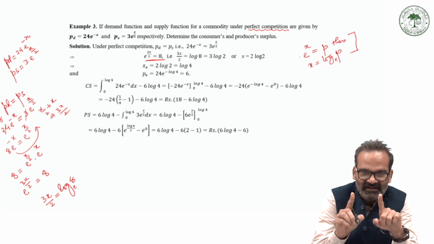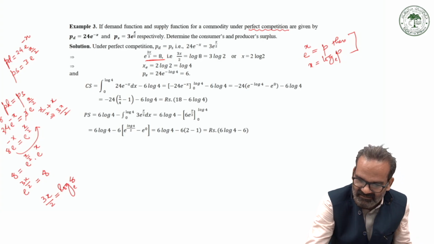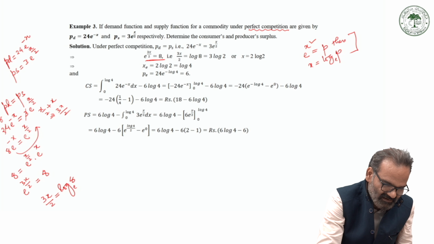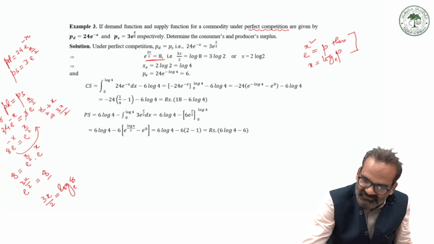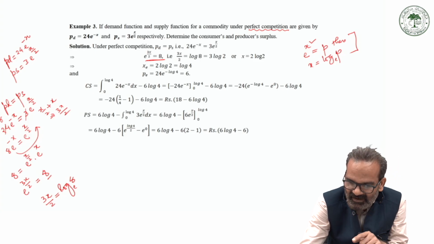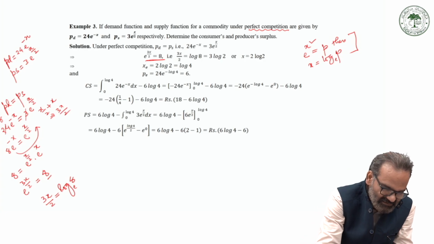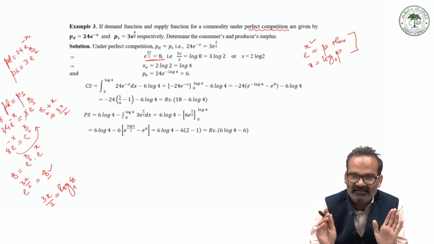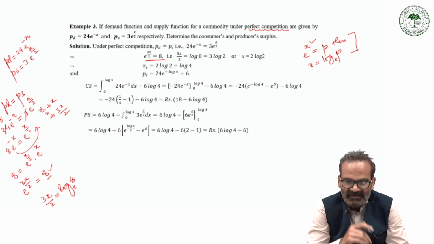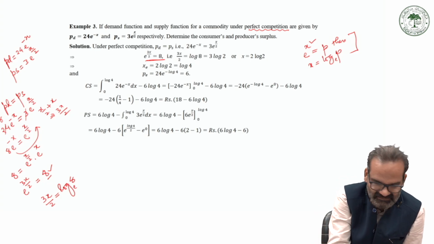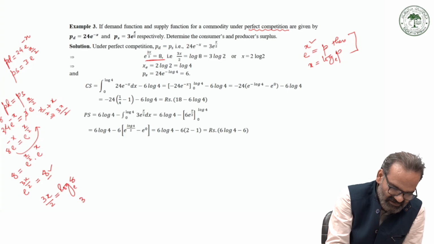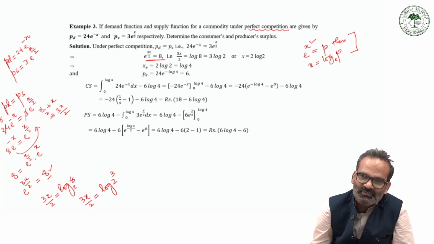Here in place of x we are having 3x by 2, in place of p we are having 8. So if e raised to the power x is p, then the value of this x is equals to log of p. So the value of 3x by 2 is equals to log of 8. I think it is clear. Now solve it. 3x by 2 is equals to log 8, which can be written as log 2 raised to the power 3, 2 into 2 into 2, 8.